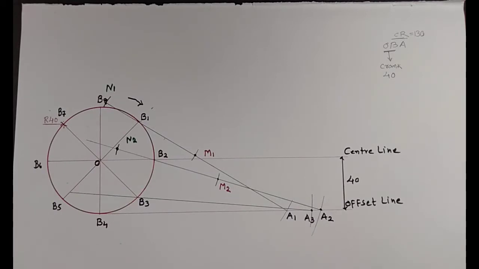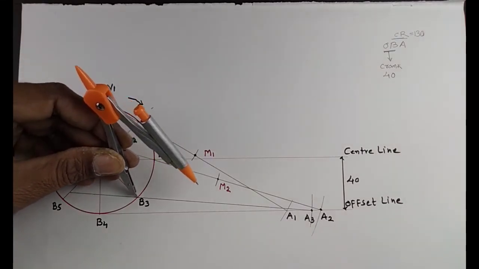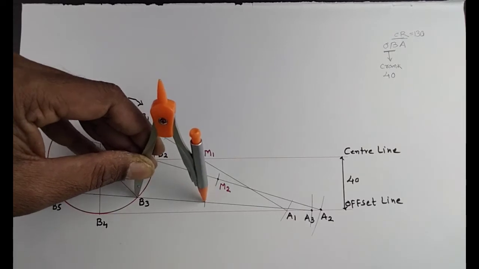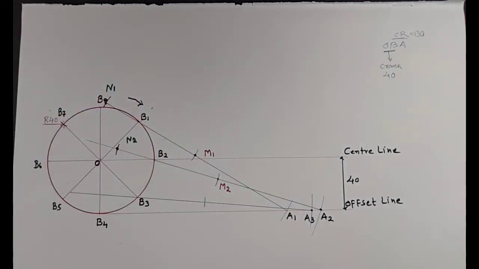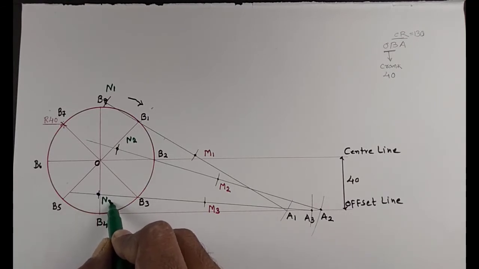First we mark our M3 point. With the same procedure, B3 is the center, I draw the arc on the B3 A3 position and we get our M3 point. Now for the N3 point, on the extension, choose your B3 as center and draw the arc on the extension line. You can get your N3.